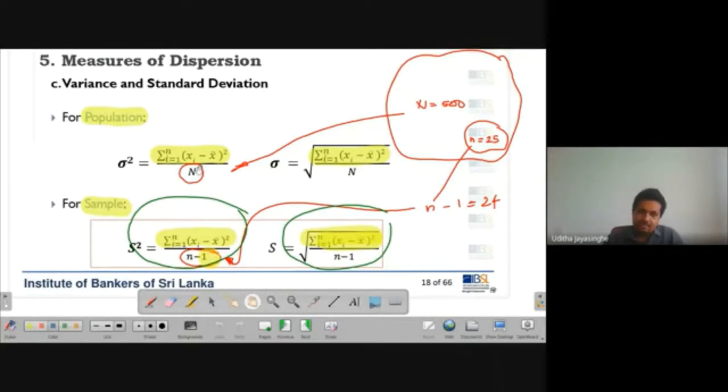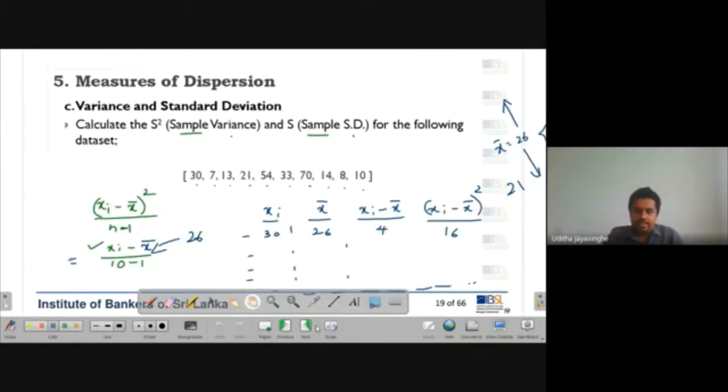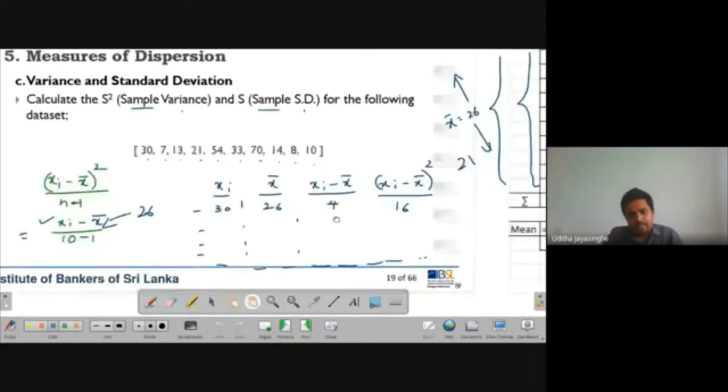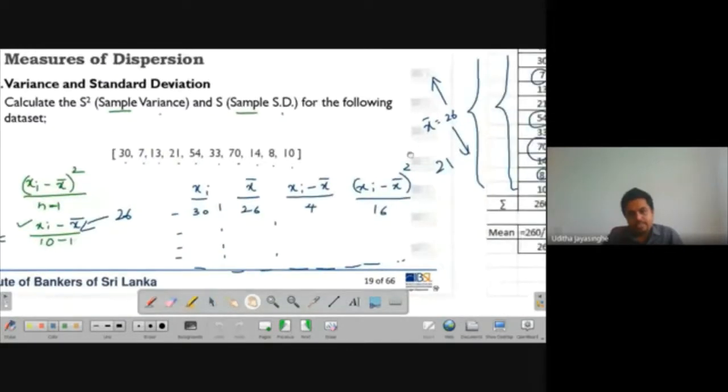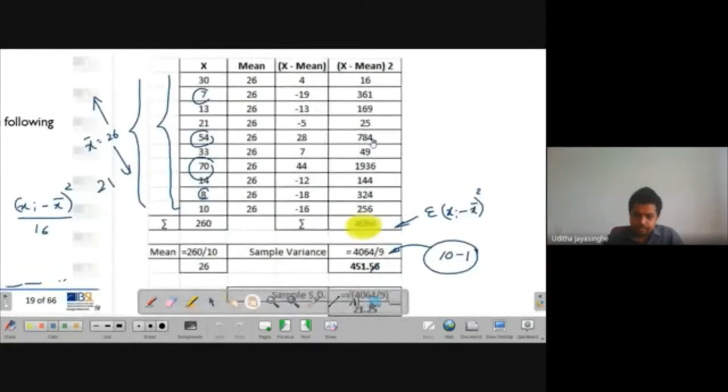Okay. Variance and standard deviation, we don't have to discuss that again. Just take the square root of the variance, and that gives the standard deviation. We discussed some questions, practically how you do this for a given data set. I shared this answer with you.